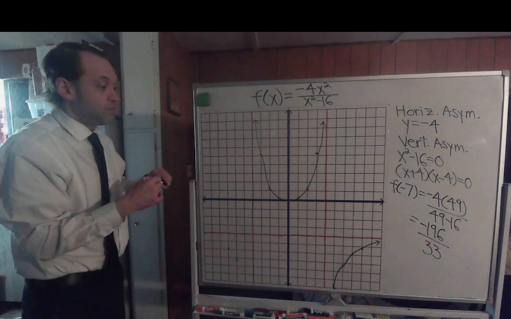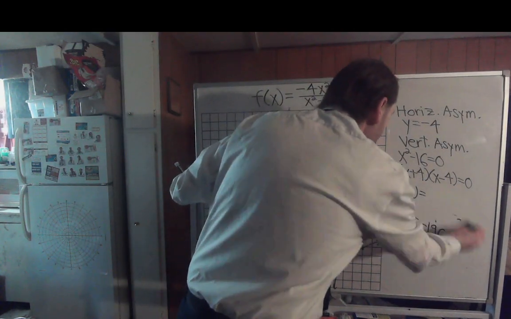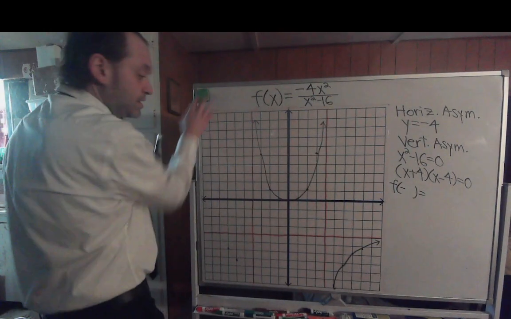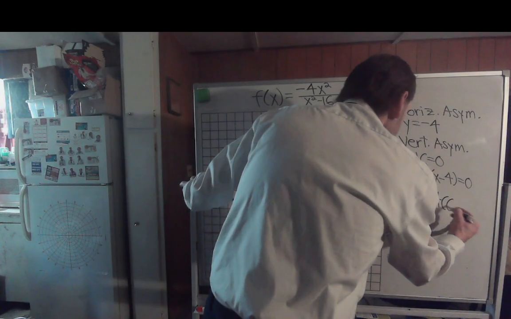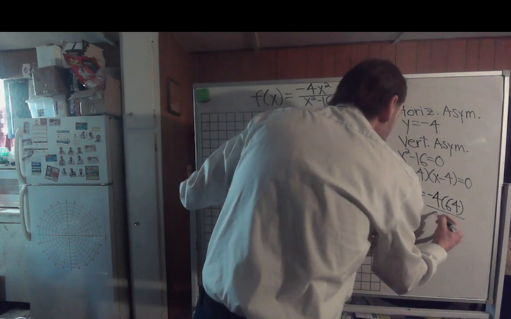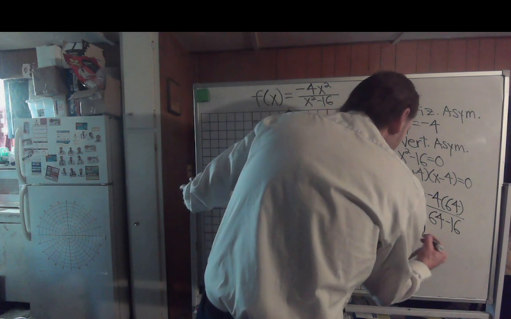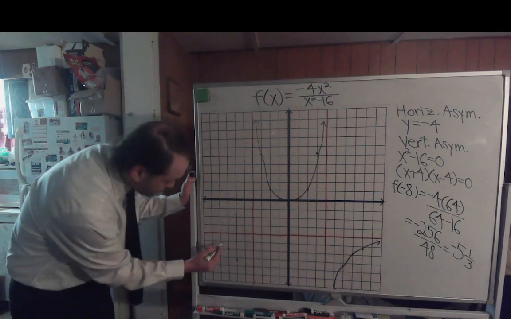And then, for good measure, let's do f of -8. All right, so f of -8, that would give you -4 times 64 all over 64 minus 16, which would end up giving you -256 divided by 48, which is about -5 1/3. So you'll be right about there.